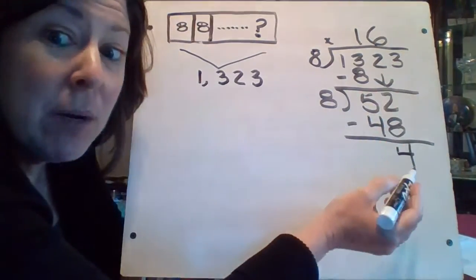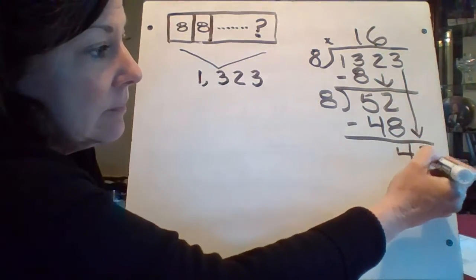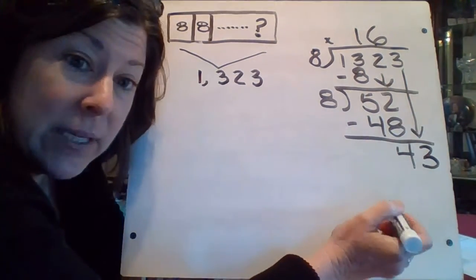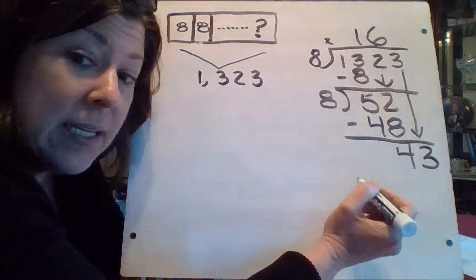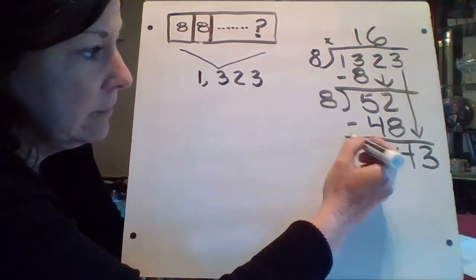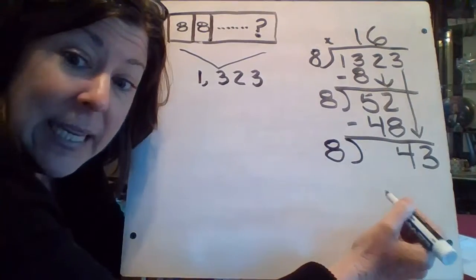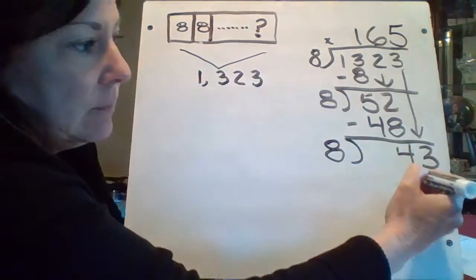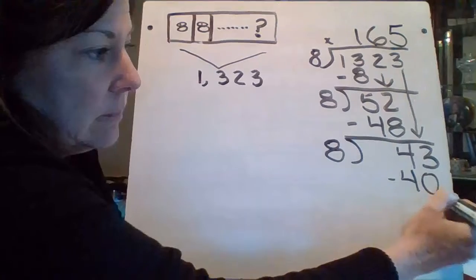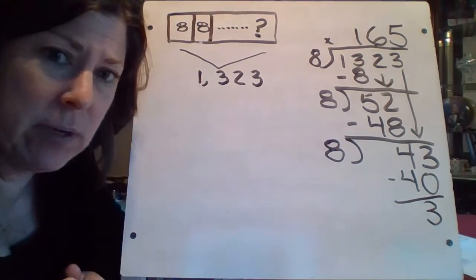I still have another number to bring down. If I bring down, I divide again. How many groups of 8 can I get from 43? I can get 5. Then I have a remainder of 3.